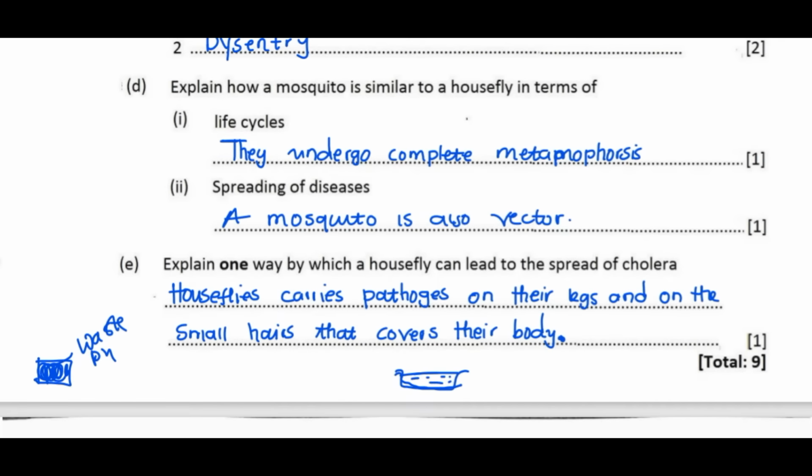So if a housefly sits here, when moving it will carry some pathogens on the legs and also on the small hairs. Then if it sits here, it is going to drop some of these. As a result, when a person eats this food, then that person will now develop the cholera disease.